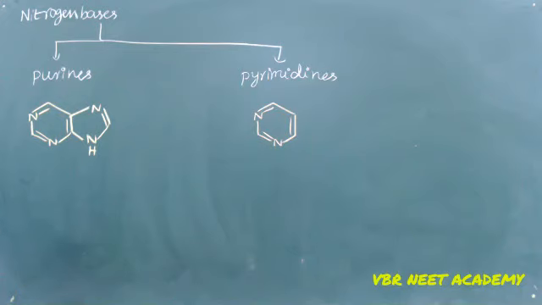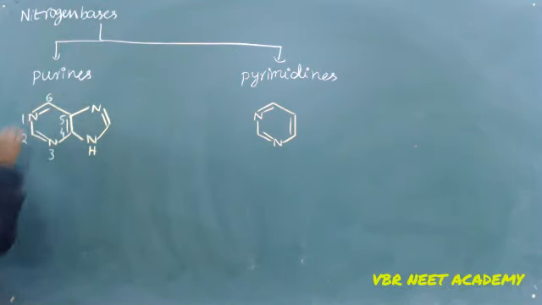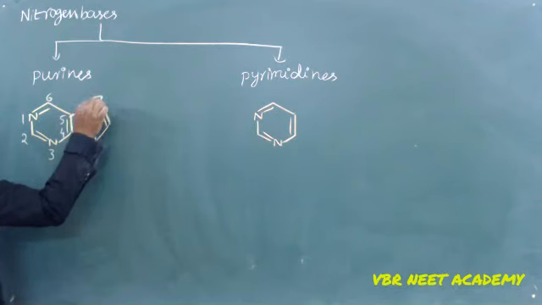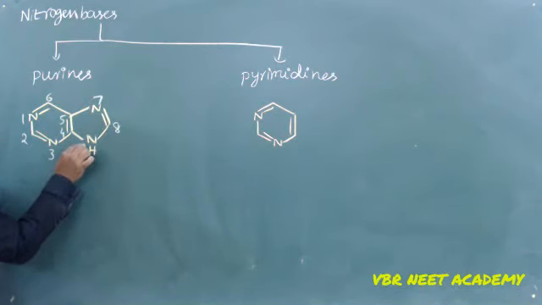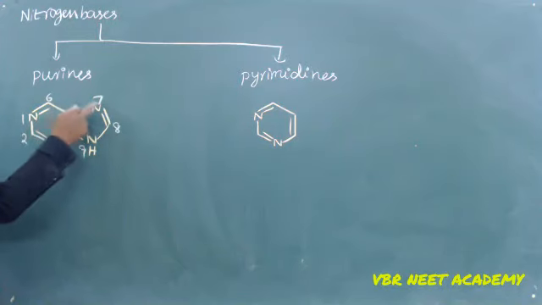The numbering in the case of purine will start here with 1, 2, 3, 4, 5, 6, and then 7, 8, 9.